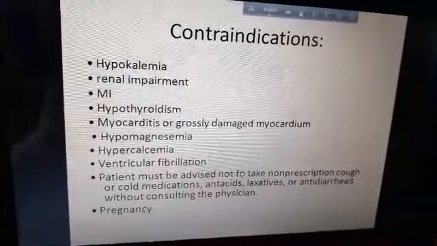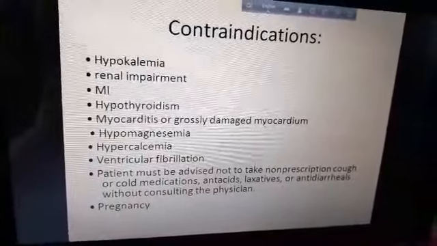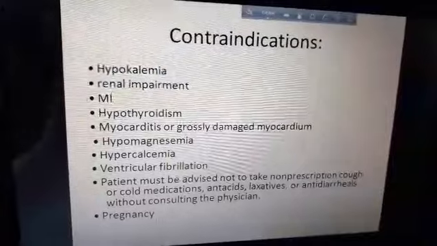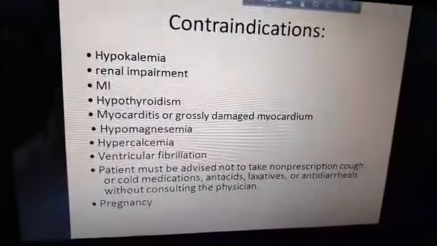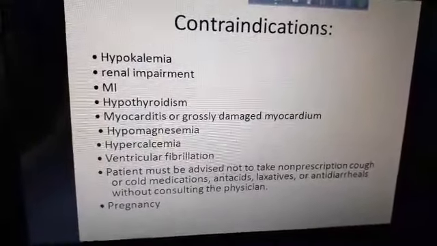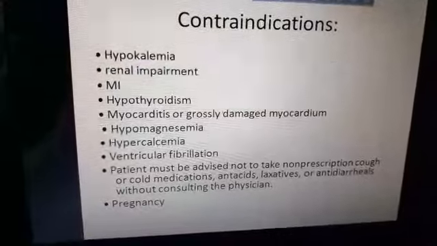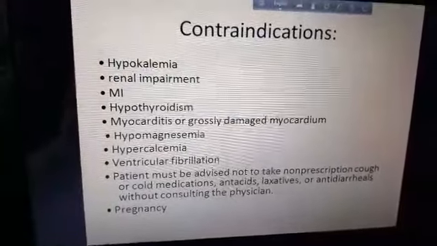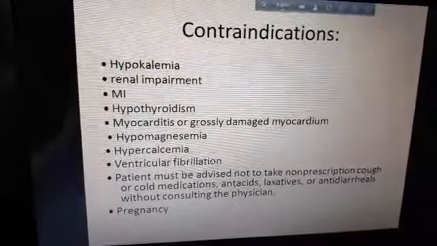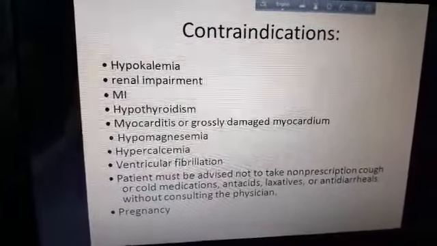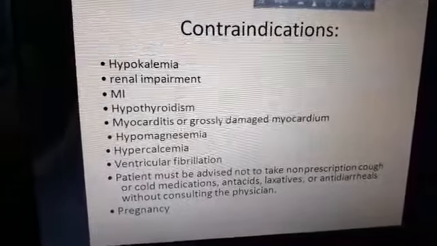In hypothyroidism, digoxin metabolism is less. In myocarditis also, it cannot be used because of the risk of arrhythmia. Hypomagnesemia, hypercalcemia: hypercalcemia will increase the digoxin effect, because more calcium enters the cardiac myocyte, causing more actin myosin interaction and further increased contractility and other effects.